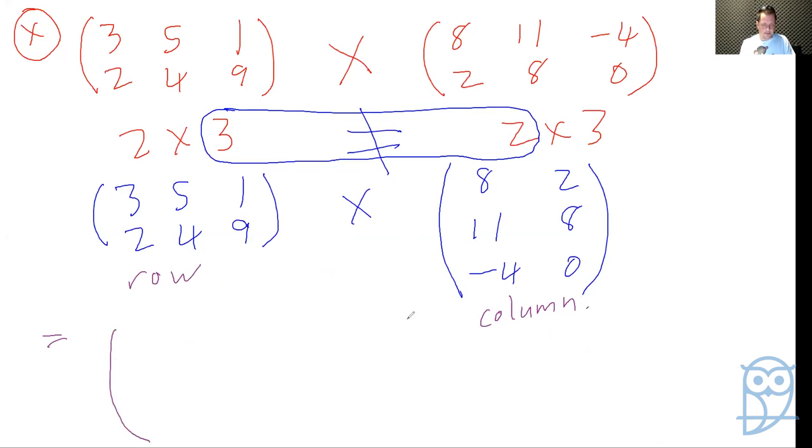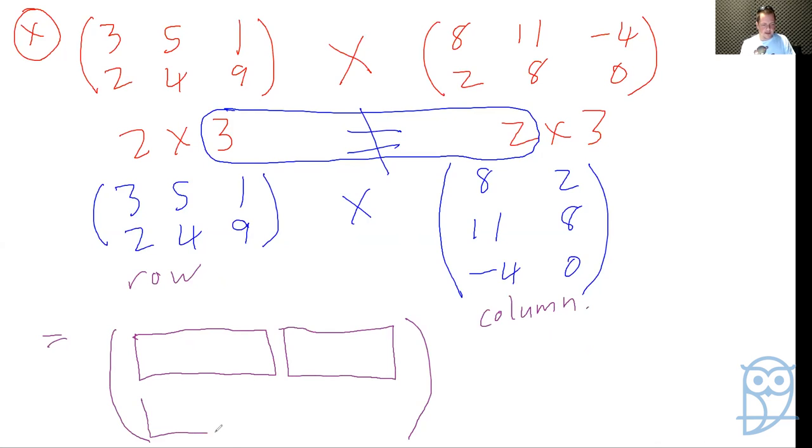So as I said, this is going to end up being a 2 by 2 matrix. So there's going to be something there, something there, something there, and something there.